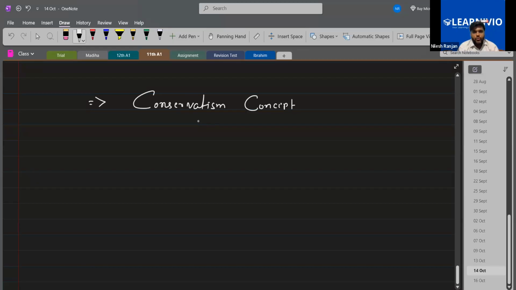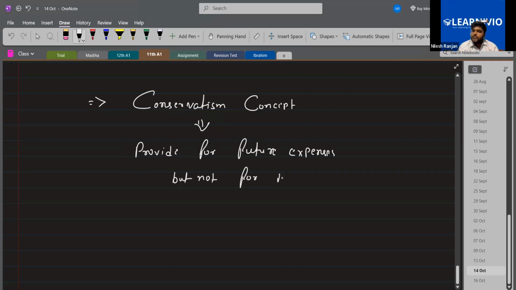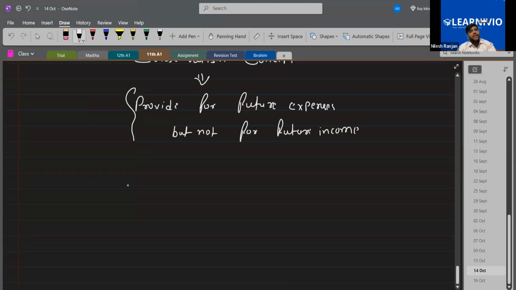Now, according to this rule, we provide for future expenses, but not for future income. For example, in general life also we do this. Think about it.